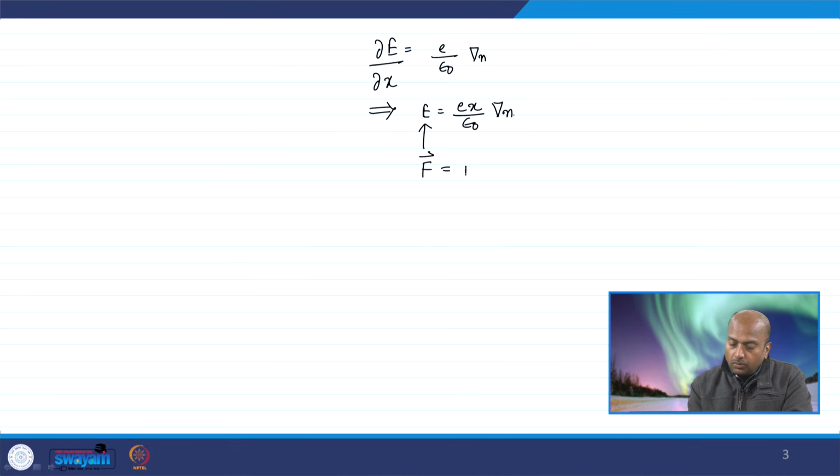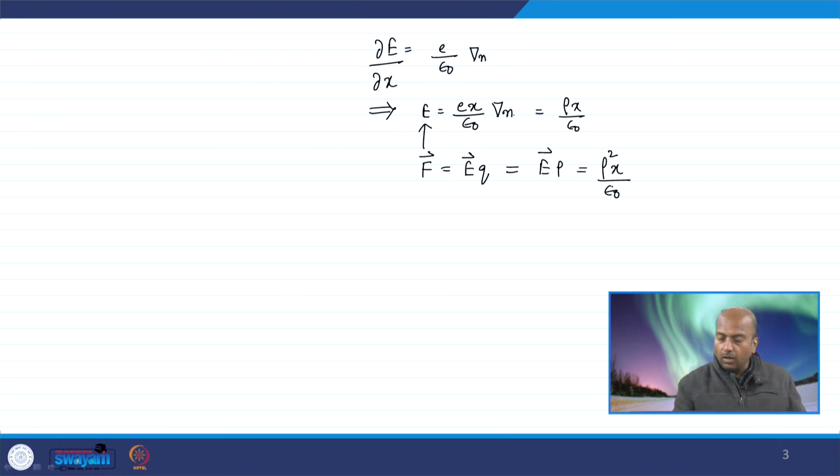F is equal to E times Q. We will write this as E times rho, substituting what we know for E: force is rho squared x by epsilon naught, or force is equal to e squared delta N squared times x divided by epsilon naught.